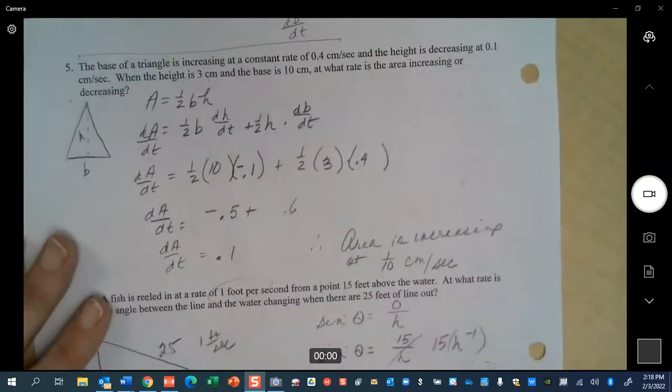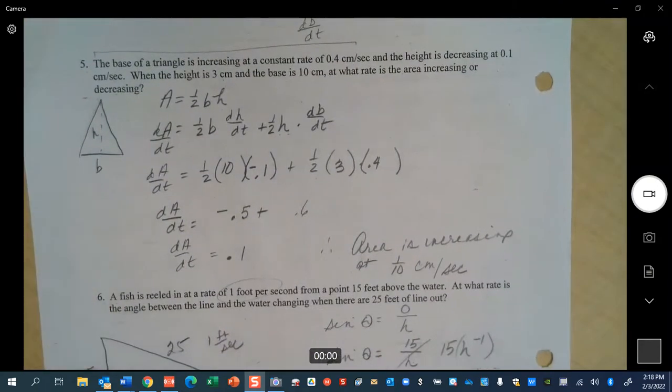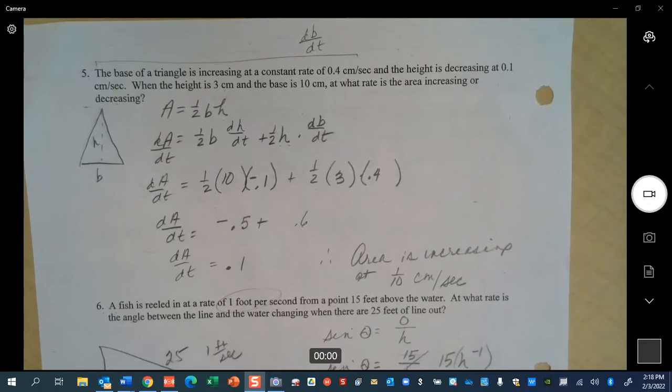On the back, the base of a triangle is increasing. So my base is increasing at a rate of 0.4 centimeters per second, and my height is decreasing at a rate of 1/10 centimeters per second.